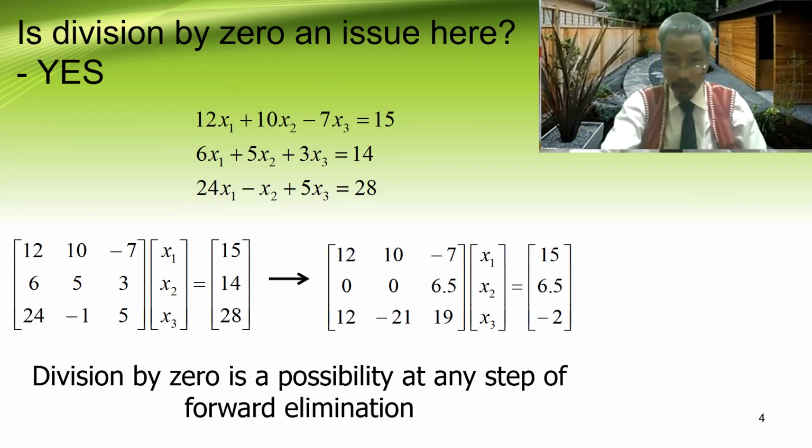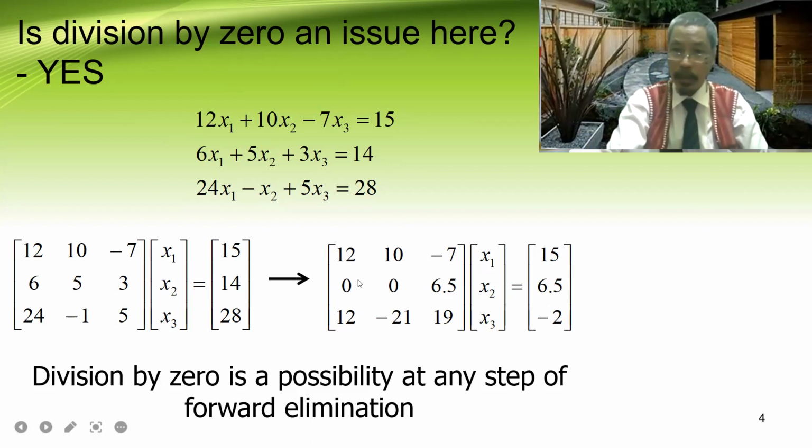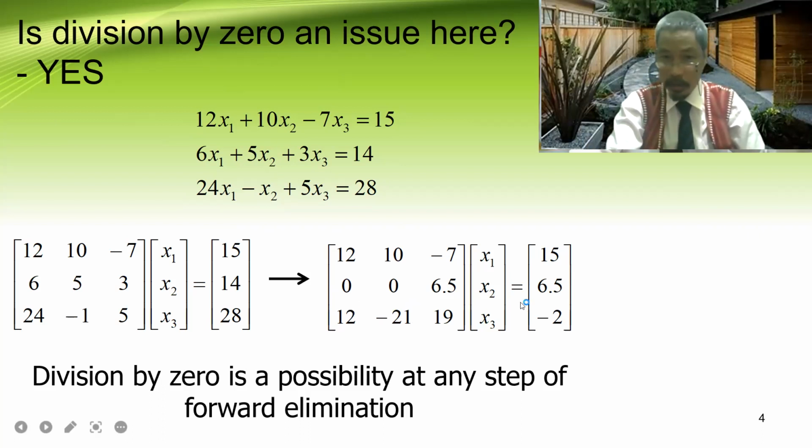Okay, so if you use this, of course, we will have division by 0. How can we eliminate the first coefficient and the second coefficient of the third equation if we already have 0, 0 here? It is not possible because we will use the second equation in order to eliminate this one. How can we have the 12 here when, if we multiply or divide, it will not become 12?